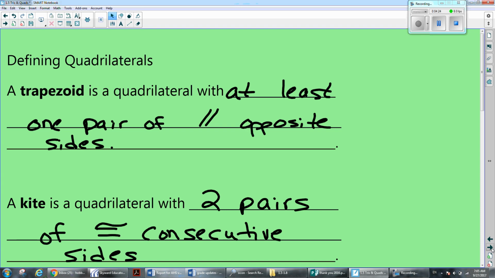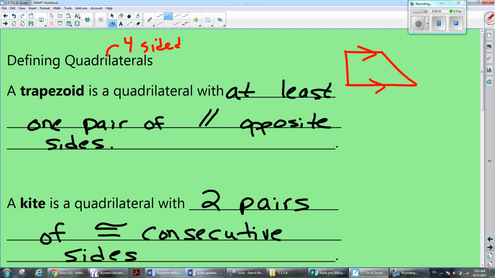Okay, then we'll define some quadrilaterals. So a trapezoid is a quadrilateral. That means it's got four sides, with at least one pair of parallel opposite sides. So here's an example of a trapezoid. Okay, a kite is a quadrilateral with two pairs of congruent consecutive sides.